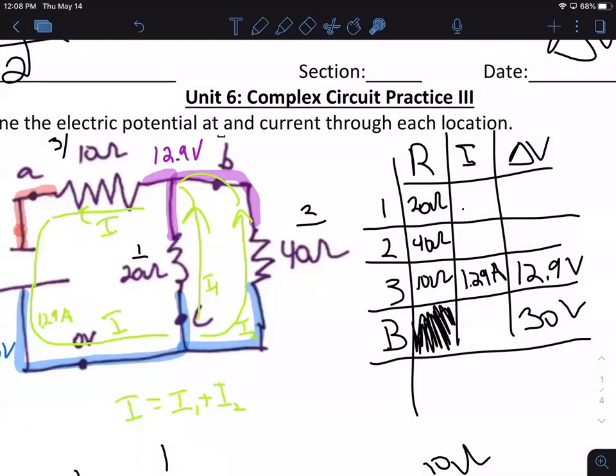Last thing I want to know is some currents. There's two ways I could actually do this. One's the normal way, and one is maybe a quicker way. Looking at these resistors, I can see this one on the left has half the resistance of the one on the right, but they have the same change in voltage, which means to get the same change in voltage, this one's going to need twice as much current because delta V equals IR.